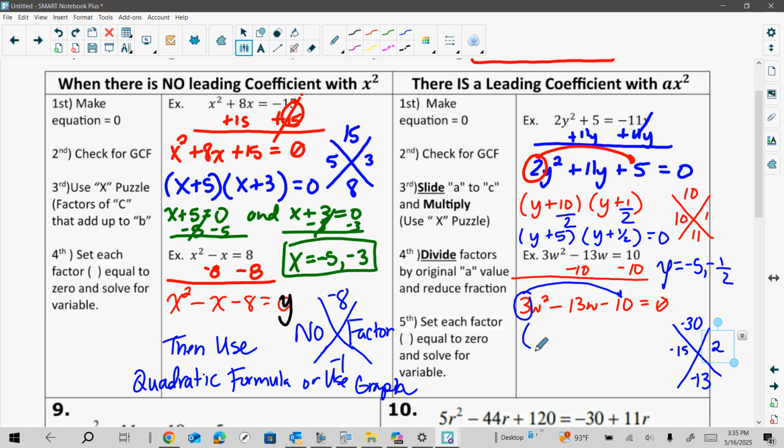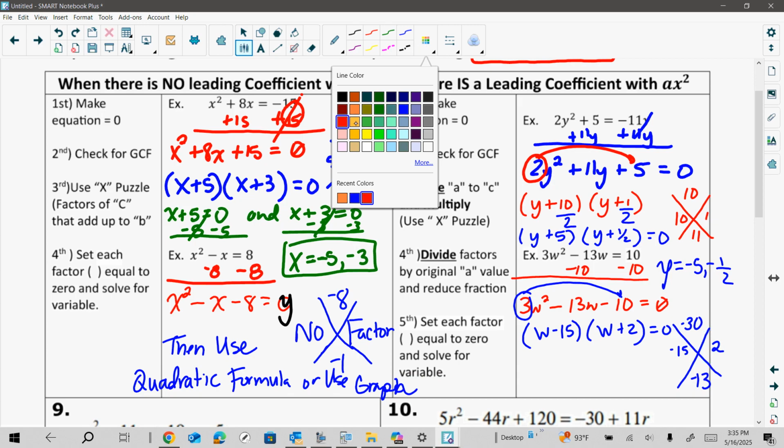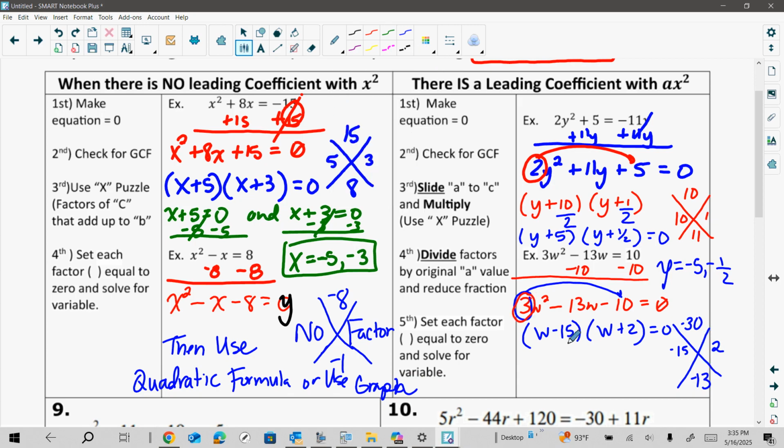Okay, so we have w minus 15, w plus 2 equals 0. Because we slide over, because we have this coefficient here, we got to divide by that coefficient 3. So this gets simplified as w minus 5, and this can stay as w plus 2/3 equal to 0.